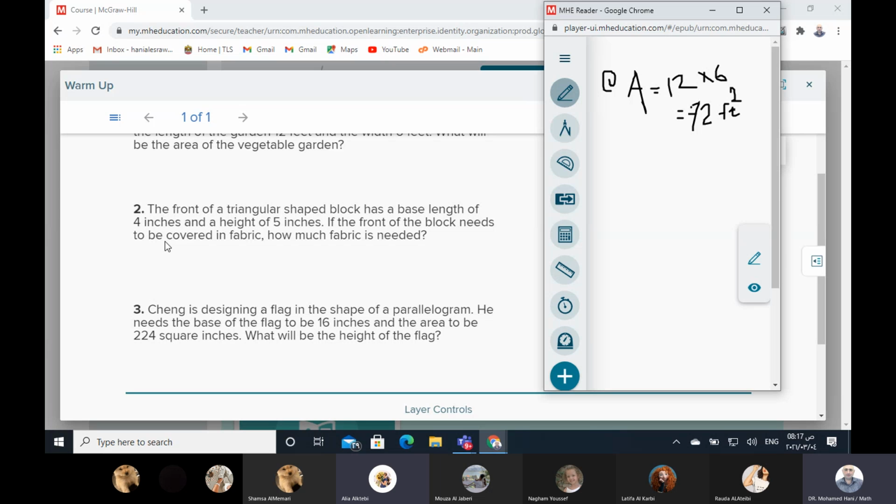If the front of the block needs to be covered in fabric, how much fabric is needed? Okay, here we want to find the area of the triangle. So I want all of you to read it again, then tell me what is the area of the triangle here.